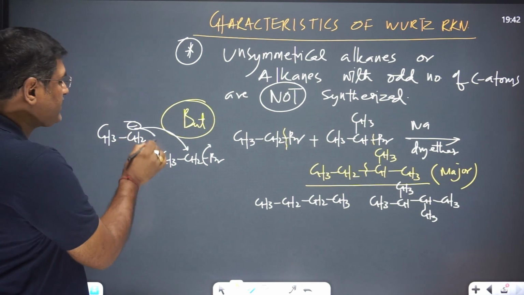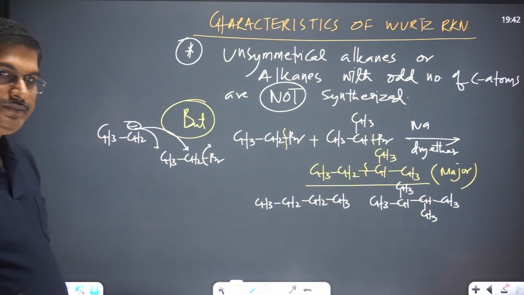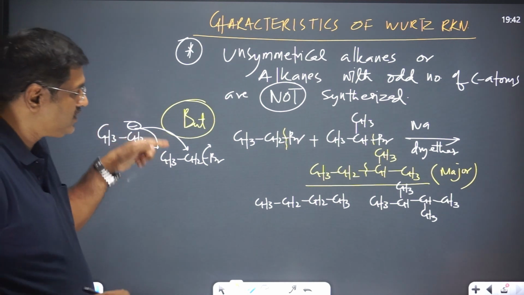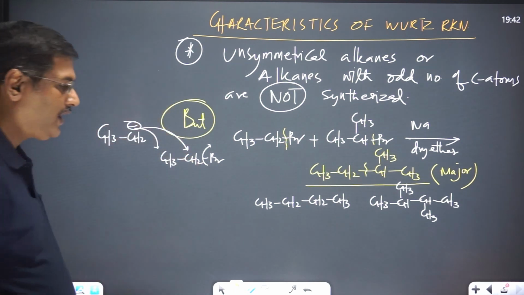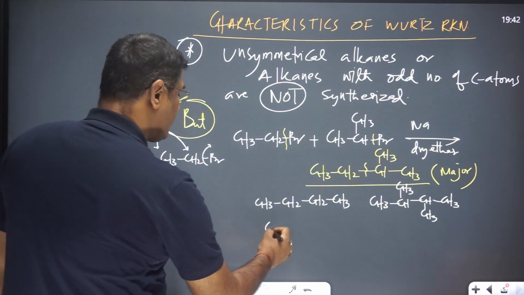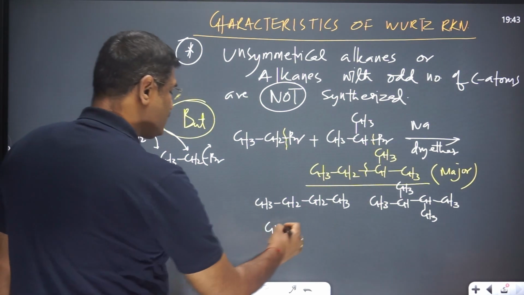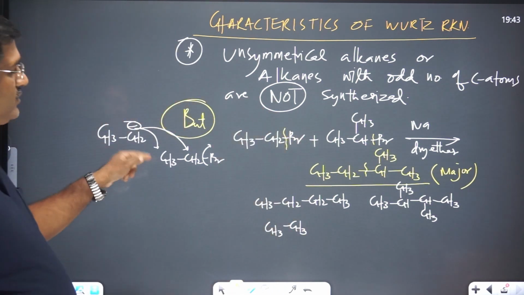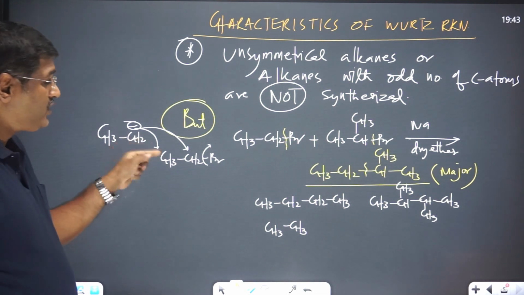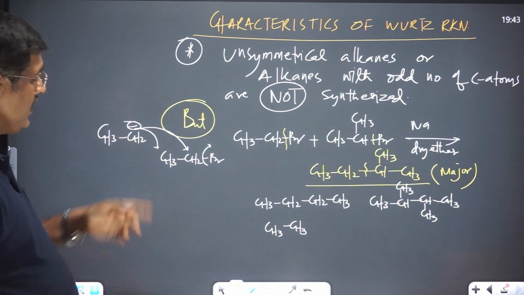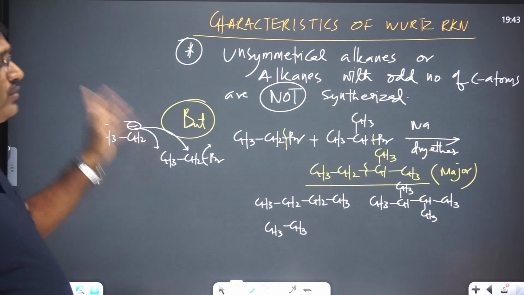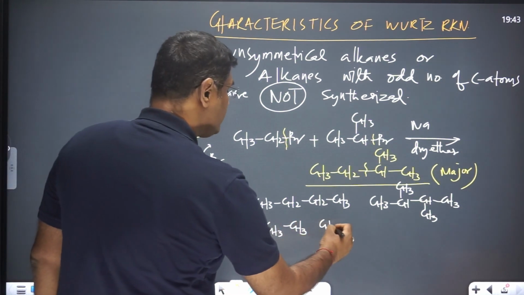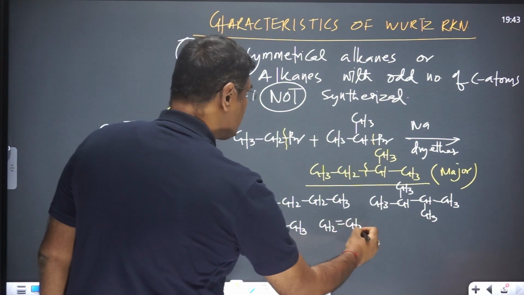But if it attacks here and pulls out the hydrogen from the beta place, then this one is CH3CH3, and this one is CH2 double bond CH2. So other products are CH3CH3 and CH2=CH2.